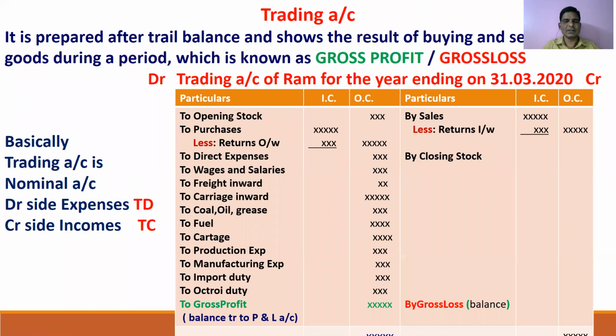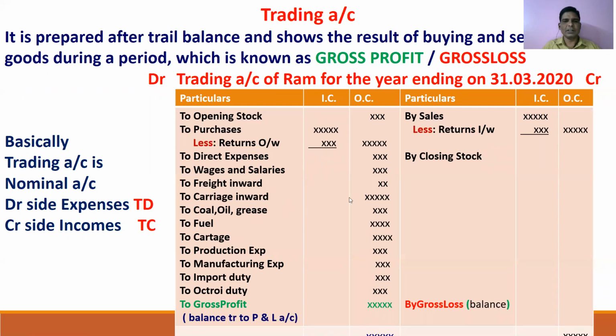Before discussing profit and loss account, have a glance once again at the trading account. You have to identify the expenses debited to trading account, the TDs. Simply remember that the expenses with reference to buying of goods, the expenses of factory, the expenses of manufacturing, the expenses of production will be debited to trading account.